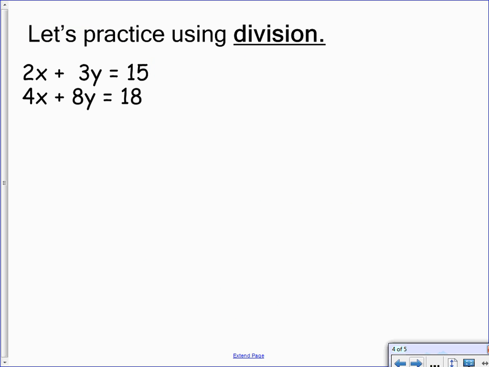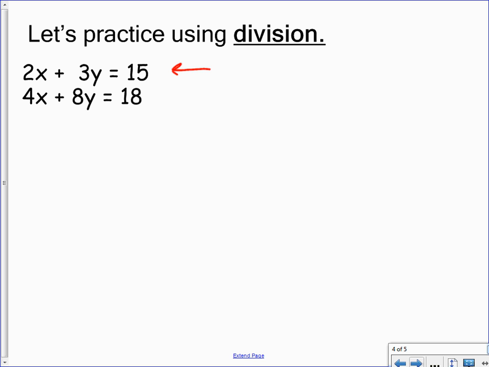Let's try this one. 2x plus 3y equals 15, and 4x plus 8y equals 18. You could do one of two things. I see our x's are factors or multiples of each other. We could take our first equation and multiply it by 2, right?